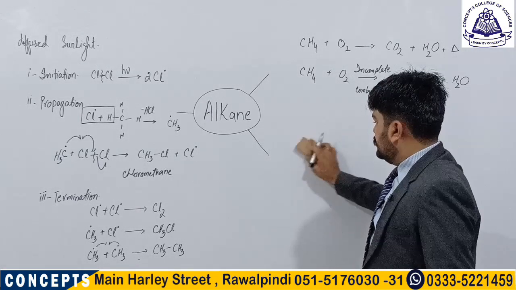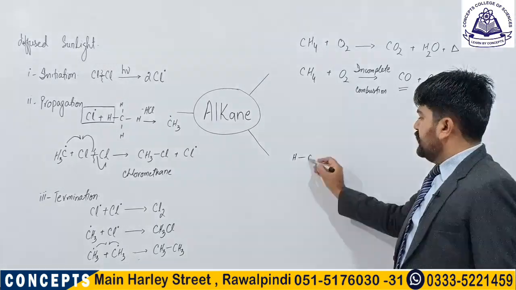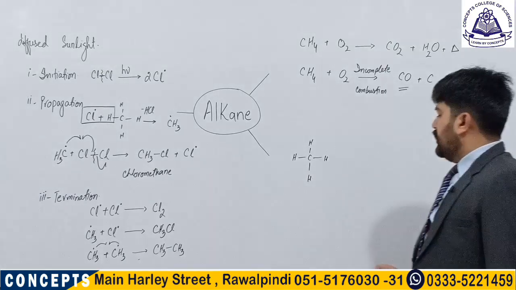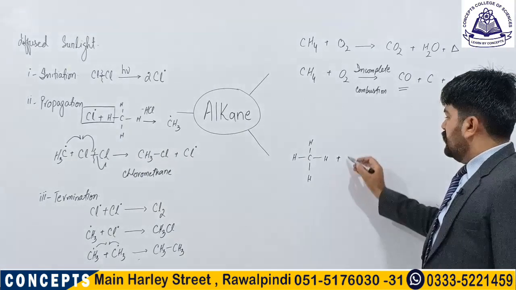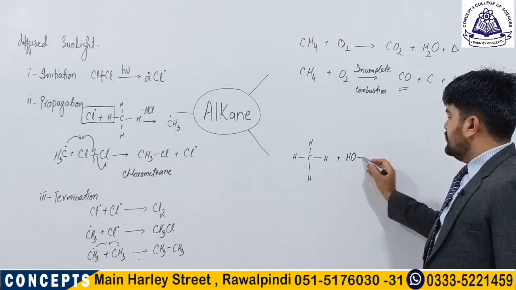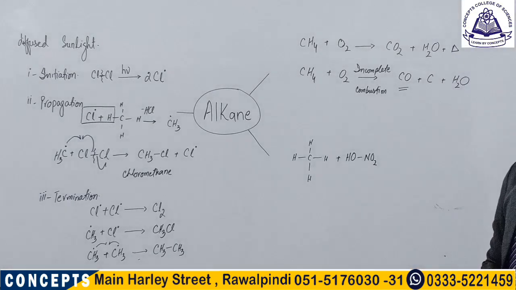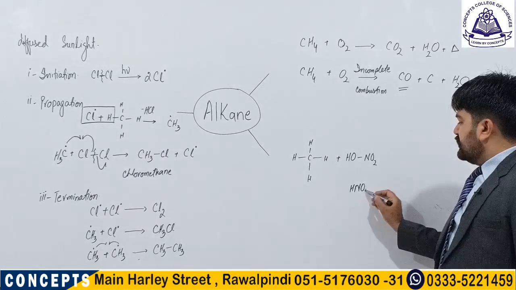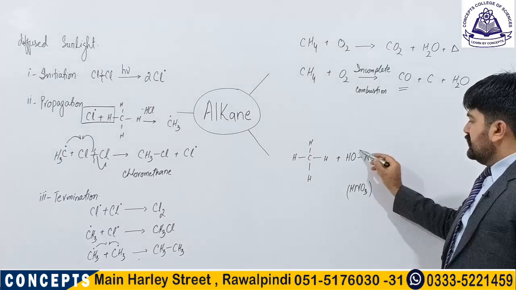In the nitration reaction, methane reacts with nitric acid to give a byproduct, nitromethane. For understanding easily, I can write nitric acid as HONO2. This is nitric acid, HNO3, and it can be written like this.